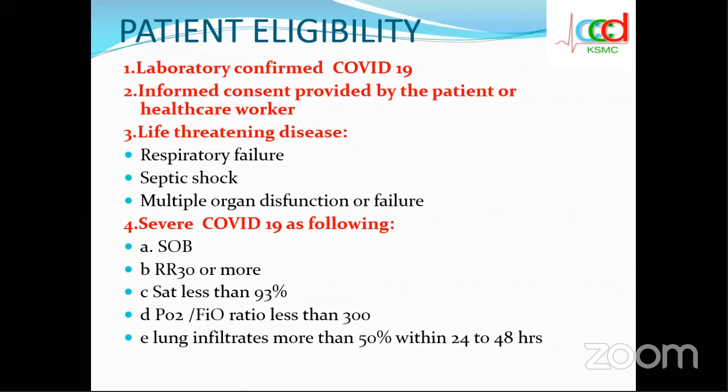You can try it with severe COVID-19 patients, patients with shortness of breath, tachypnea, and desaturation, if PaO2/FiO2 is less than 300. So this is ARDS with bilateral infiltration within 24 to 48 hours. Any patient who meets these criteria, we can give convalescent plasma.